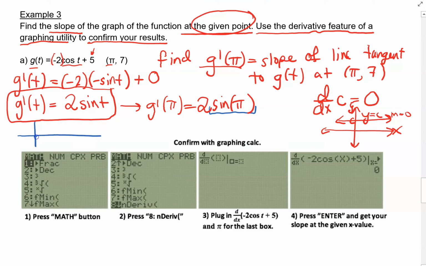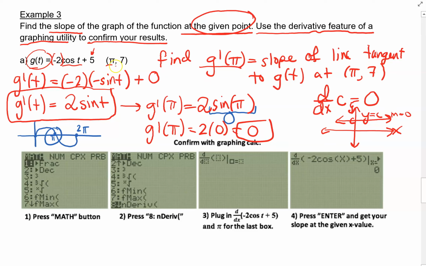It starts at 0, goes up, comes to 0 again at pi, and then 0 again at 2 pi. So at pi, sine is 0. So g prime of pi turns out to be 0, because it was 2 times 0, which is 0. So the slope of the line tangent to this graph at this point is actually 0. It's a 0 slope. So what we're going to do right now is just confirm that with your graphing calculator.